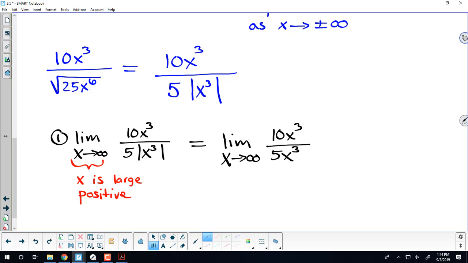We don't need the absolute value when we know it's positive. The x cubes divide out, 10 over 5 is 2. So that function has a horizontal asymptote at y equals 2, as long as we're going in the positive direction.